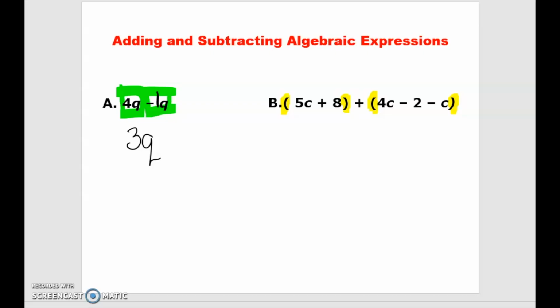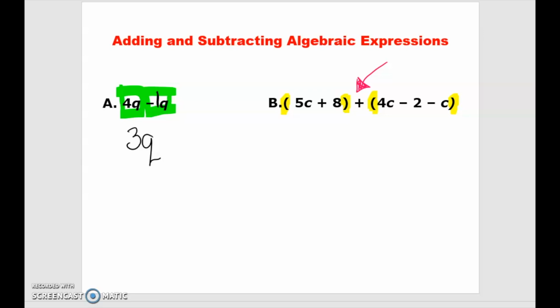So these are here because they're telling us that we have our first expression, 5c plus 8, and we're adding another expression to it. Now with adding, we don't run into as much trouble as we'll see that we have with subtraction. So with adding, the parentheses, they're there, but they're not really necessary. So if it's addition, you can go ahead and drop them.